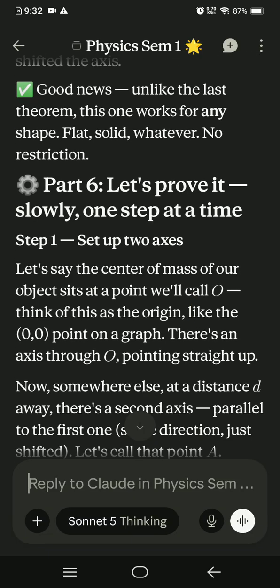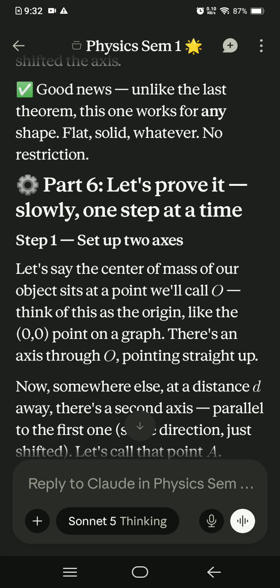Step 1 is set up two axes. Let's say the center of mass of our object sits at a point we'll call O. Think of this as the origin, like the zero point on a graph. There's an axis through O pointing straight up.